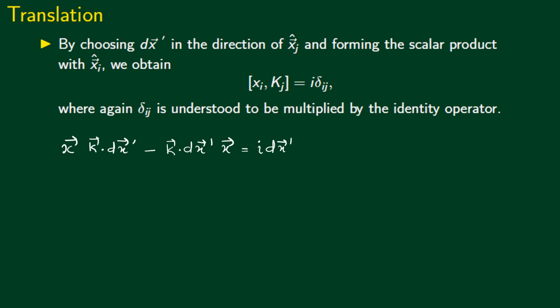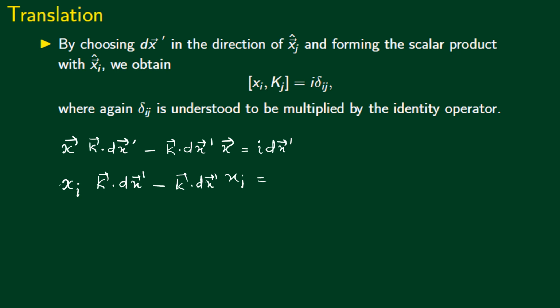So when do you say that two vectors are equal? We say that two vectors are equal when all their components are equal. Okay. So this can be written in the component form like this. I take the ith component of the vector on both sides. So this can be written as x_i, okay, k vector dot dx vector prime minus k vector dot dx vector prime x_i. Okay, this is the ith component of the vector appearing here.